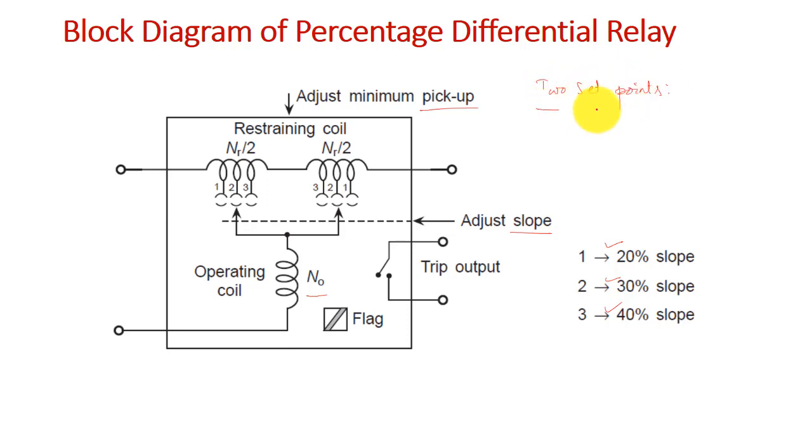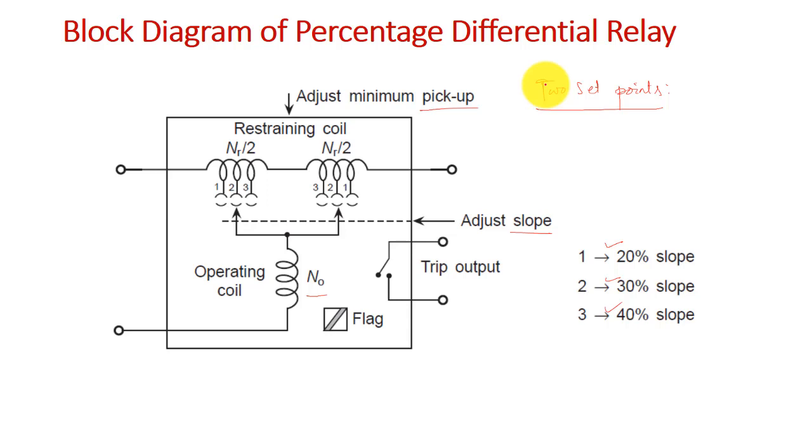Like in case of an overcurrent relay, we have to set the pickup current, but in case of an overcurrent relay we have two set points. One is your time of operation, delay time, and the other is the operating current or pickup current.